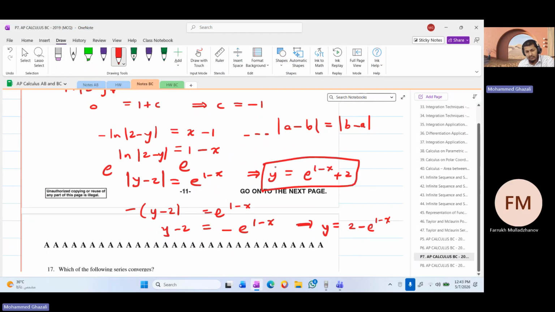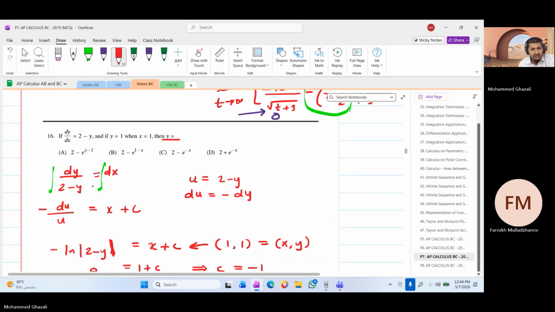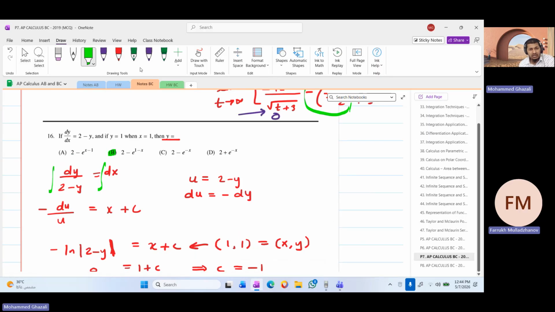This is solution 1. And when you drop the absolute value, there's a negative and there's a positive. And this is solution 2. So they were looking for the second solution, 2 minus e to the power 1 minus x. You understand? Because if I ask you a basic question, solve this equation, absolute value of x equals 2, what's the answer? X is equal to 2.